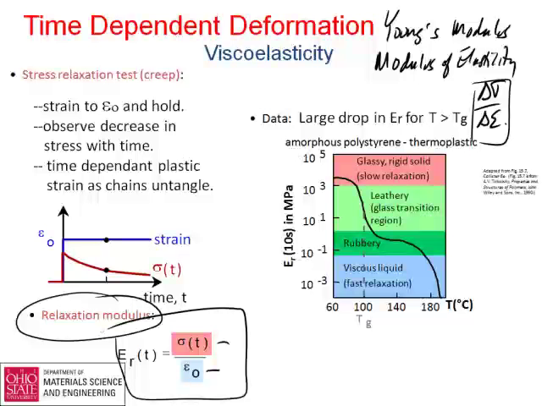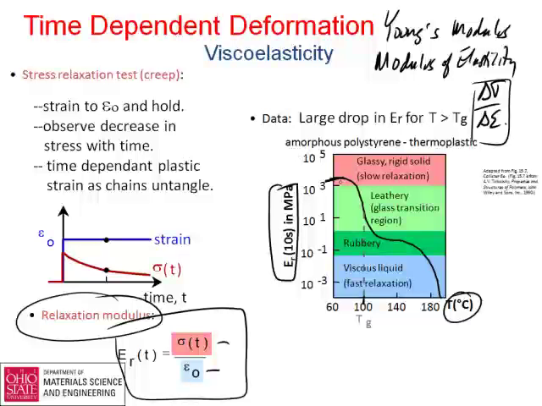And what we can do is plot that relaxation modulus as a function of temperature over here, for a given polymer. We see if the temperature is very low, the modulus is very high.